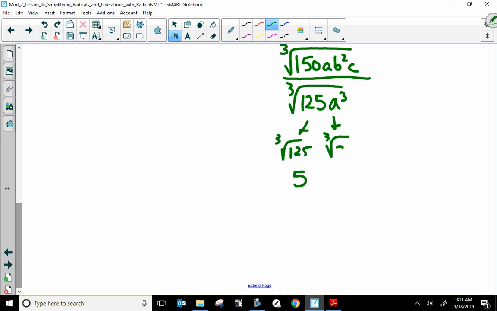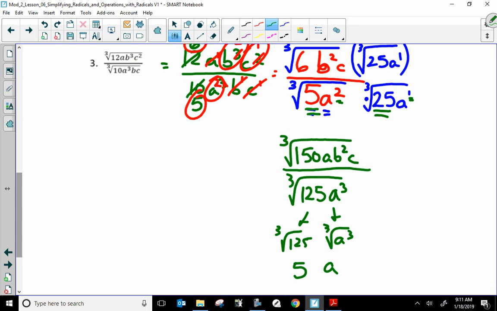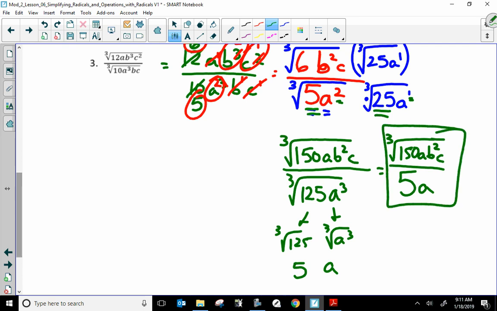The cubed root of A cubed is A. So my bottom is going to end up being, and you really don't have to write that if you see it, just 5A, all over the cubed root of 150 AB squared C. That is good because none of those are perfect cubes up there. So that one was a little bit more work. That was a gut check. That's what we call a gut check.